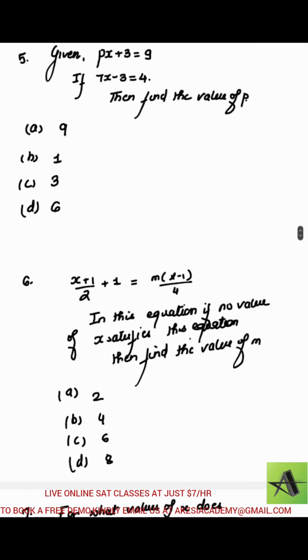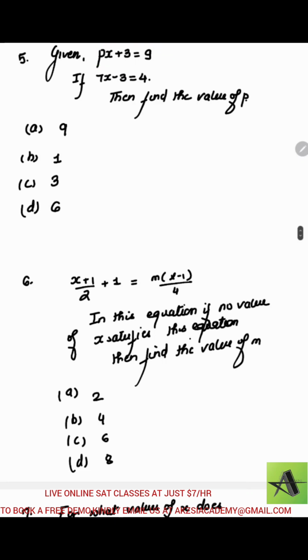Given px plus 3 equals 9, if 7x minus 3 is equal to 4, then find the value of p. See, px plus 3 equals 9 is one expression, and the second is 7x minus 3 equals 4. To calculate the value of p in my first equation, I should have the value of x.